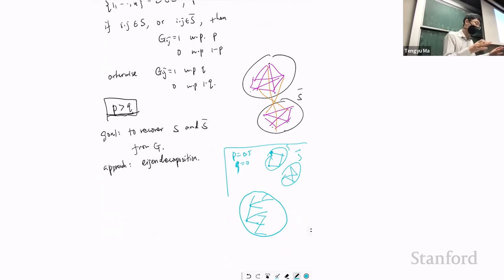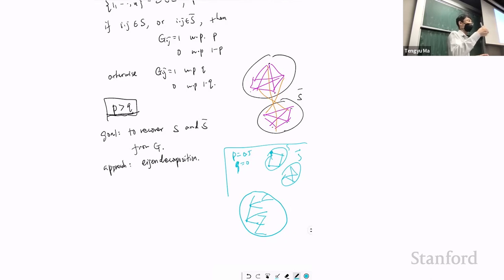That would work pretty reasonably well for P is 0.5 and Q is 0. First of all, you don't have any false positives, because all the nodes you discover should belong to the same group. Second, you can also try to show that you can find all the nodes, because if somebody is in your same group, it should connect to someone.